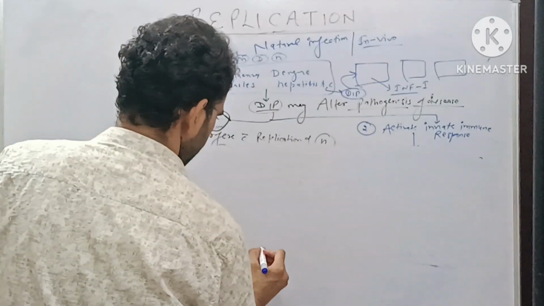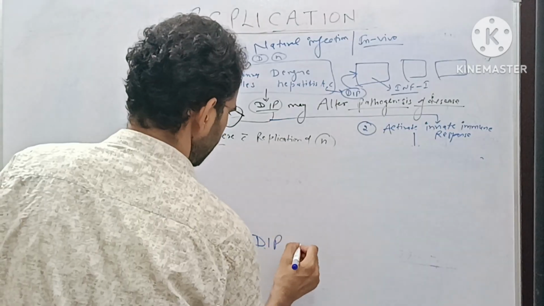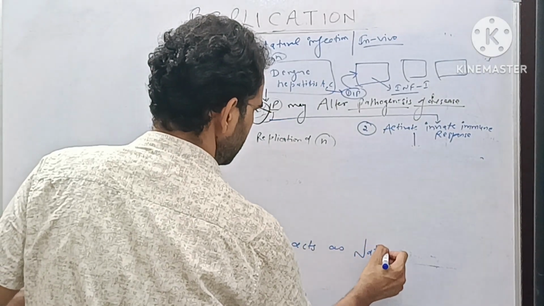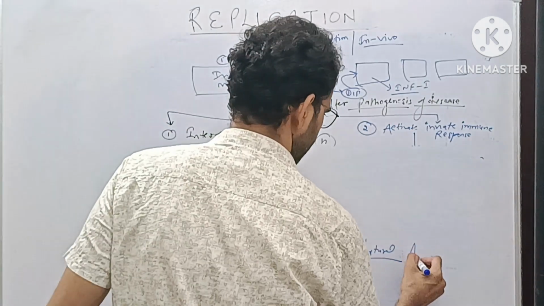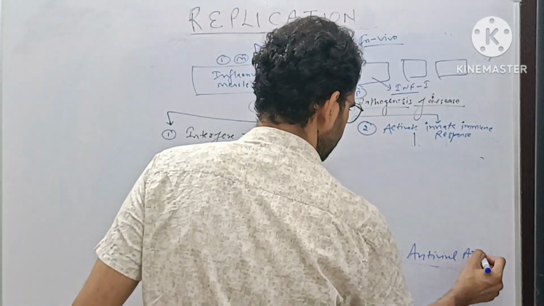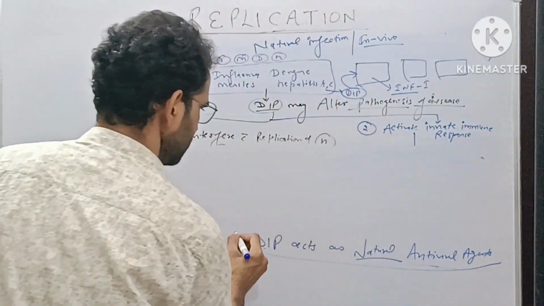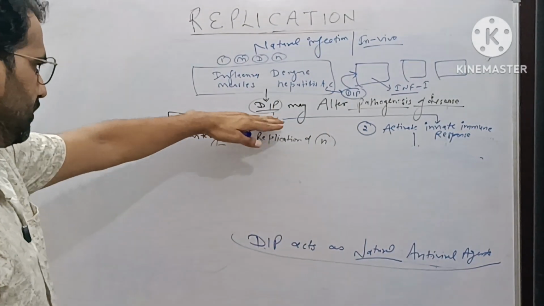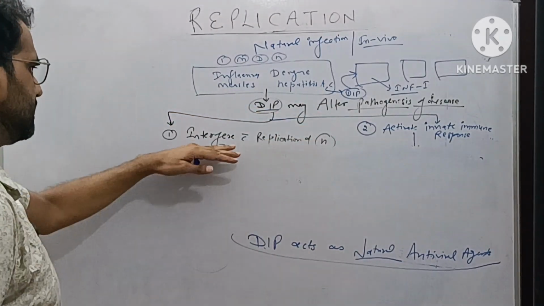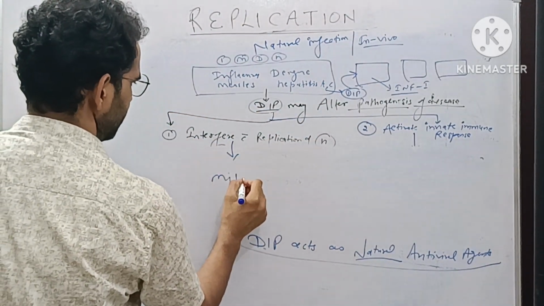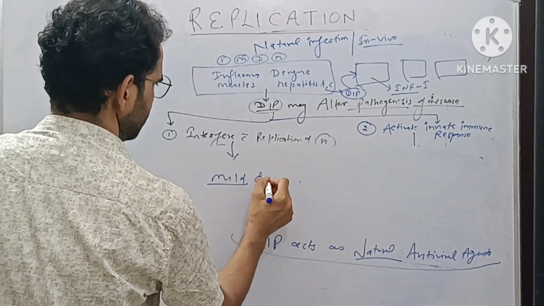So we can say DIP acts as a natural antiviral agent, because they alter the pathogenesis of disease. They interfere with replication, and the end result is mild disease.